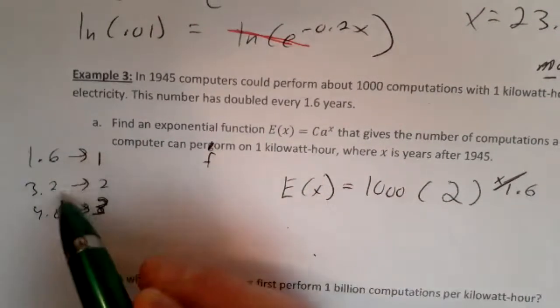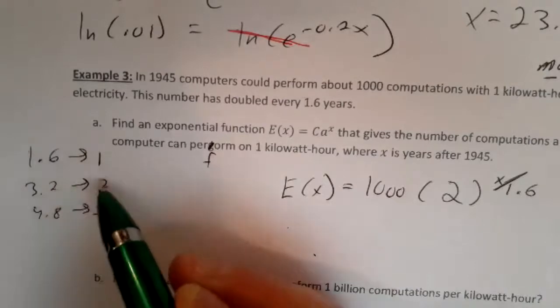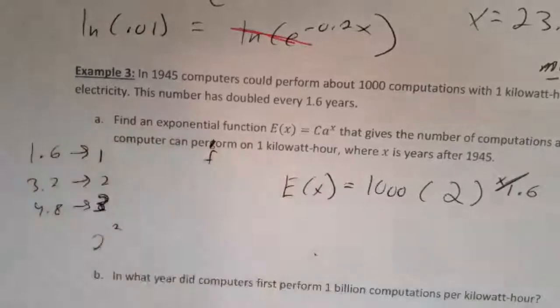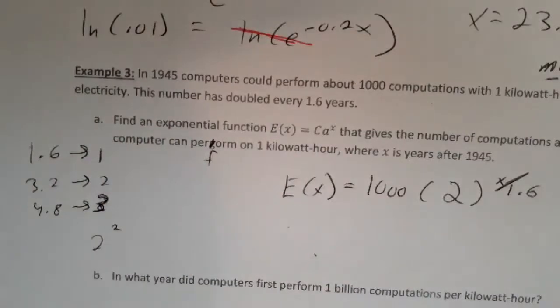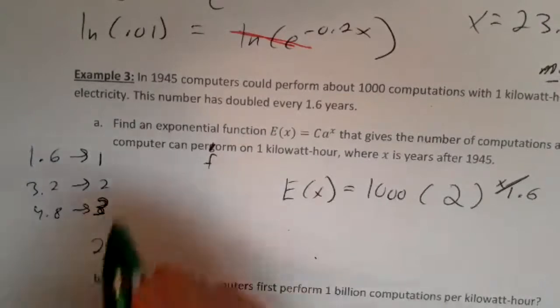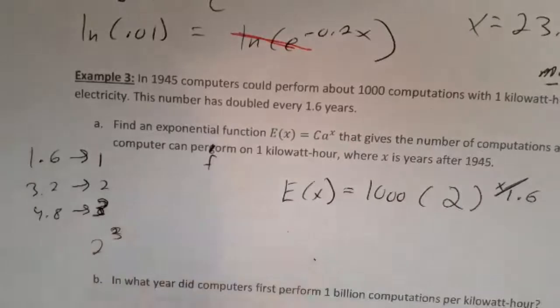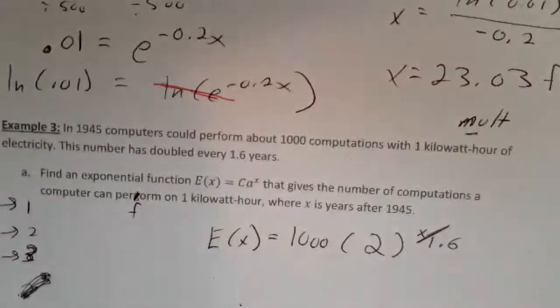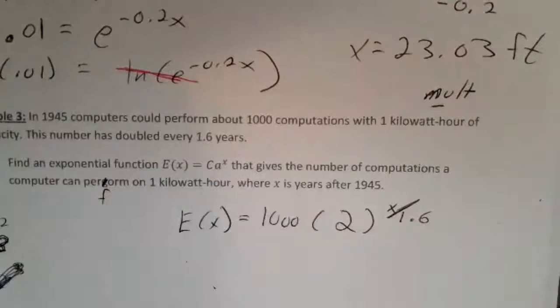If 3.2 years elapses, we want to multiply it by 2 squared. And if 4.8 years elapses, we want 2 to the third. I think this is the first time I've introduced doing this sort of thing. But if it doubles every 1.6 years, it should look something like that.